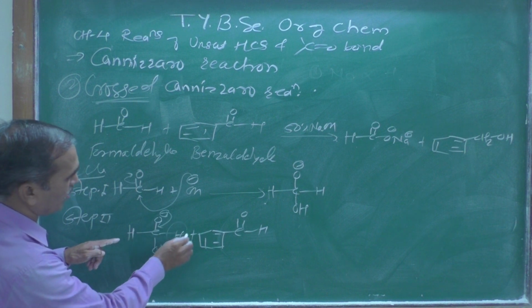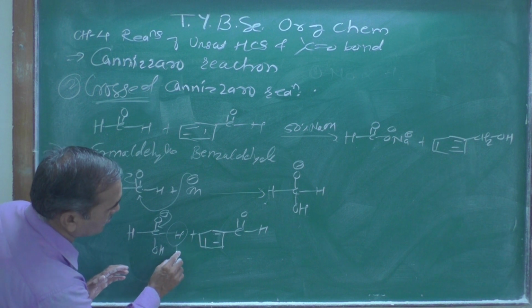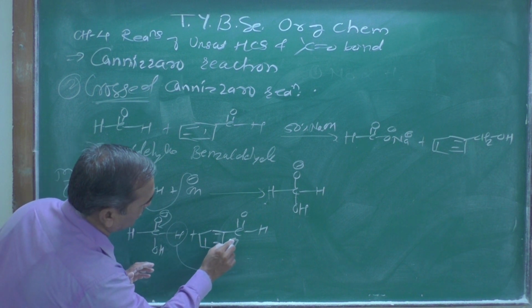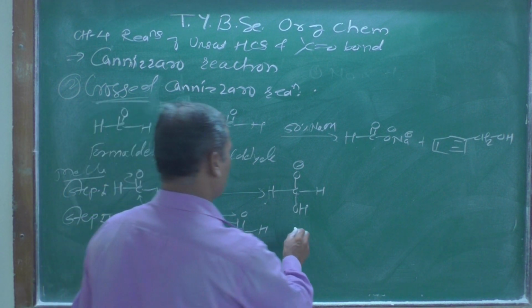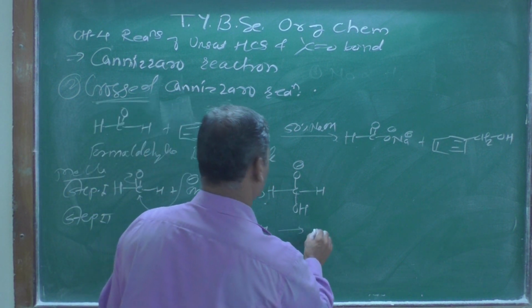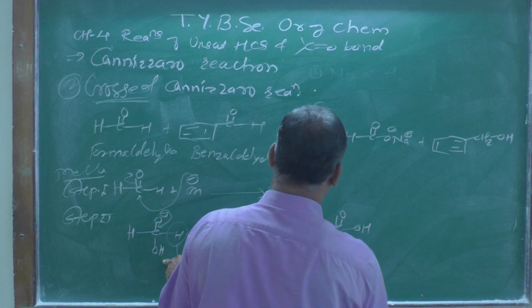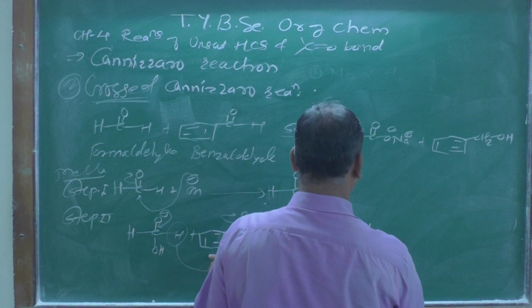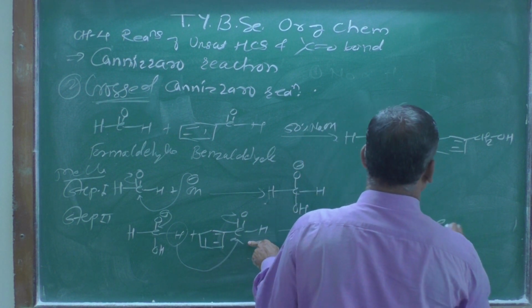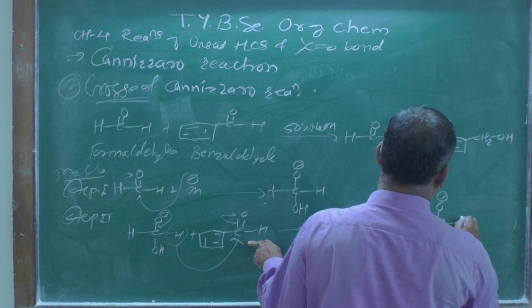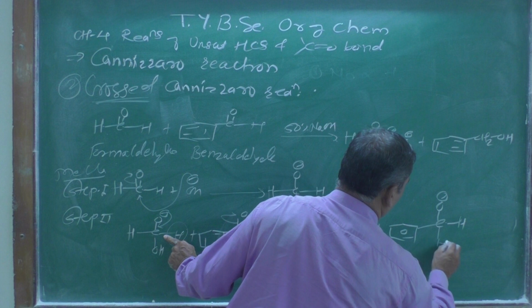Now this hydrogen atom, this hydride, is transferred from here to here, right? When it is transferring, how are the products formed? H, then C double bond O. I am writing this OH over here, and now plus this benzaldehyde, then CO minus here, 1H, and that 1H is coming from here, right? This H I am writing over there.